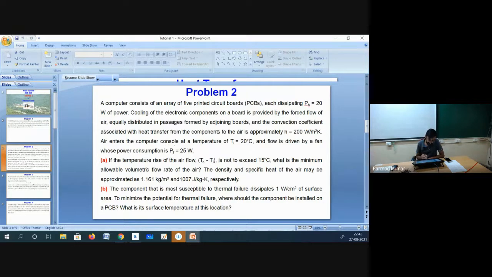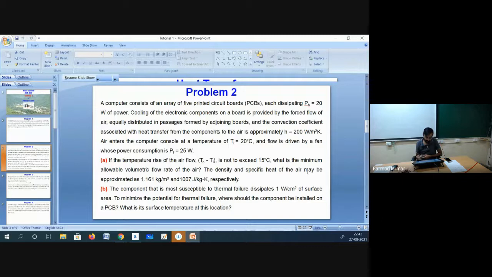Air enters the computer console at a temperature of 20 degrees Celsius and the flow is driven by a fan whose power consumption is 25 watts. So the fan is doing some work on the air because it is forcefully supplying it. If the temperature rise of the airflow, T0 minus Ti, is not to exceed 15 degrees Celsius, what is the minimum allowable volumetric flow rate of the air?